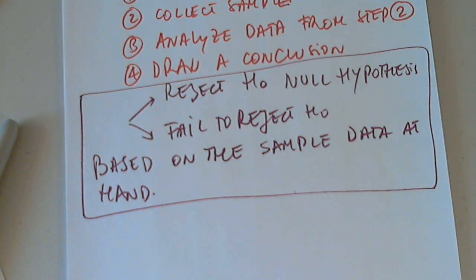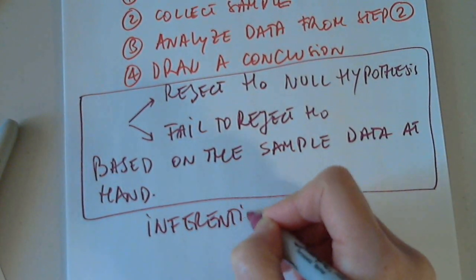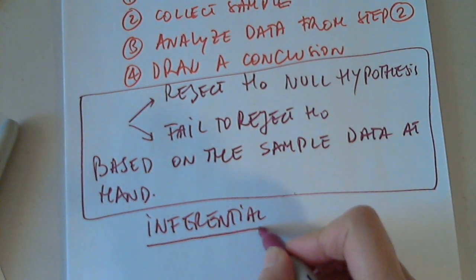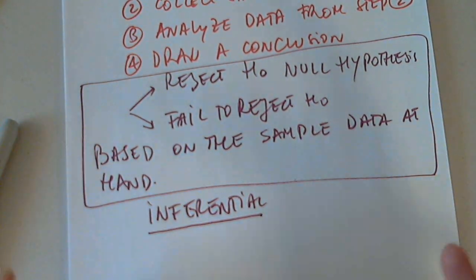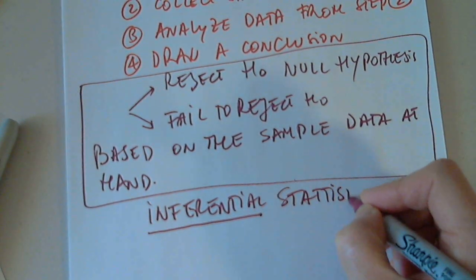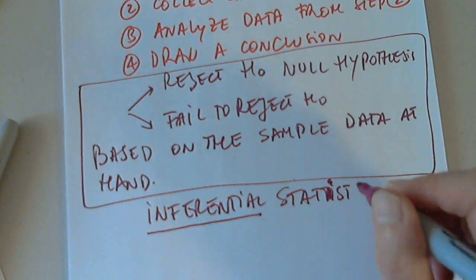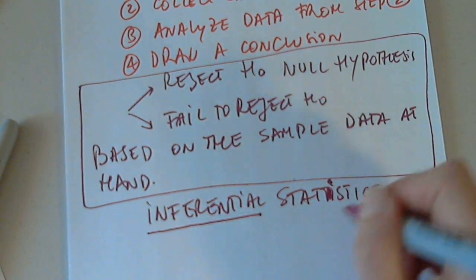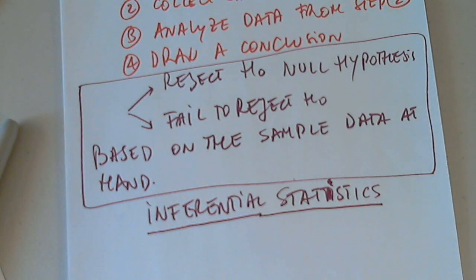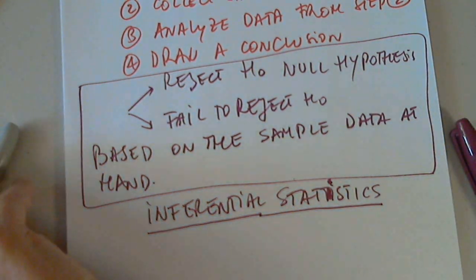This is called inferential statistics. We are making inferences, drawing conclusions.